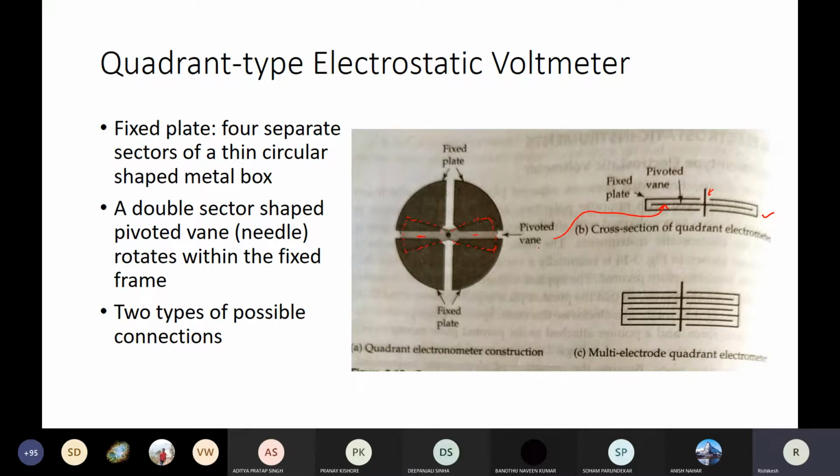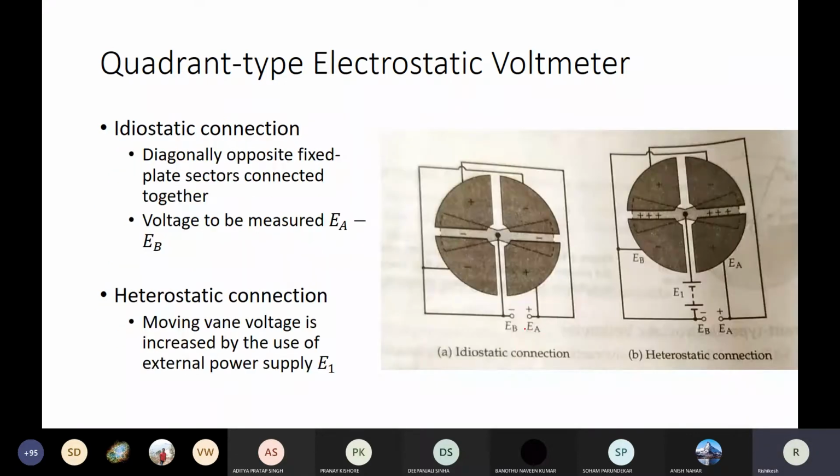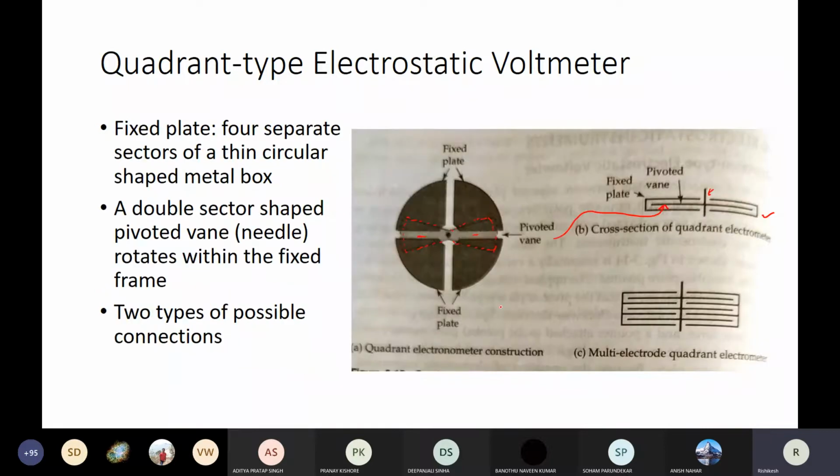Depending on the voltage applied and its polarity, that rotates the pivoted vane within the metal box to a certain angle that indicates the amount of voltage applied. As you can see, there are four sectors, right?